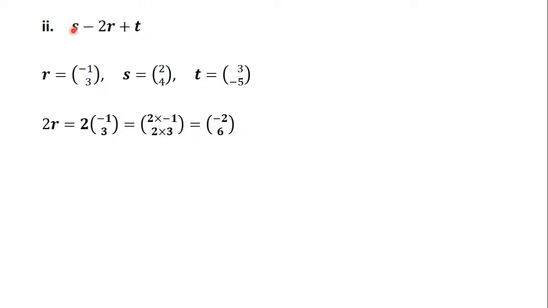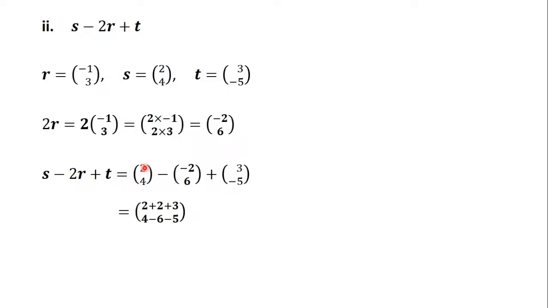So we can now perform this operation, s minus 2r plus t. So s is (2, 4). We have our minus sign. 2r is (-2, 6). Then plus t. t is (3, -5). So if we are adding this, we are going to have 2 minus -2, which will give us plus 2. We learned this in the previous video. Then plus 3.